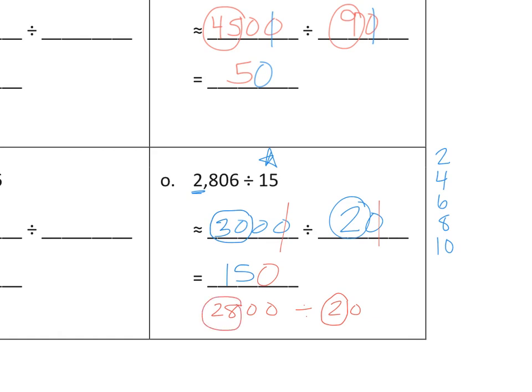So 28 divided by 2, or 28 in half, would have given us 14. And then you cross off the 0 and cross off the 0 there. So the answer would have been around 140, 150. So we could have used those two types of problems to solve for O.